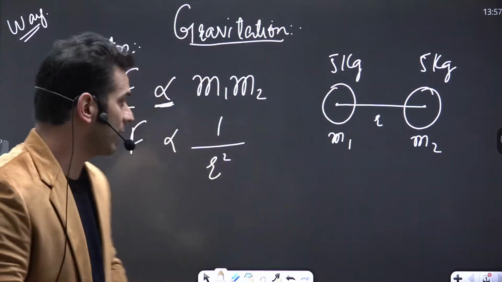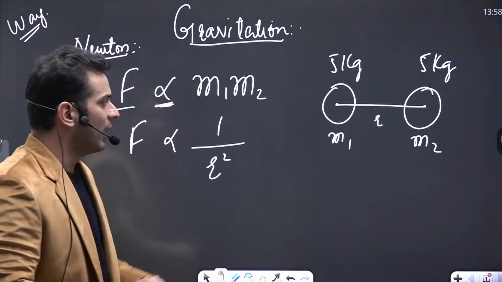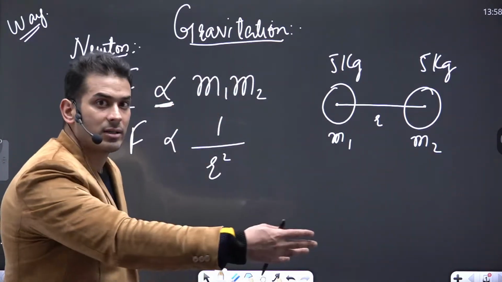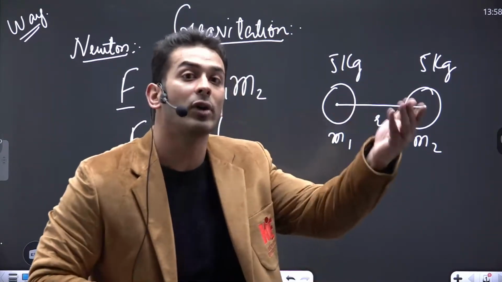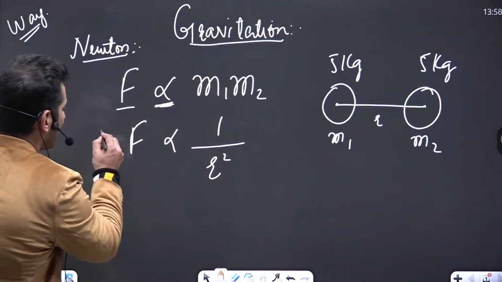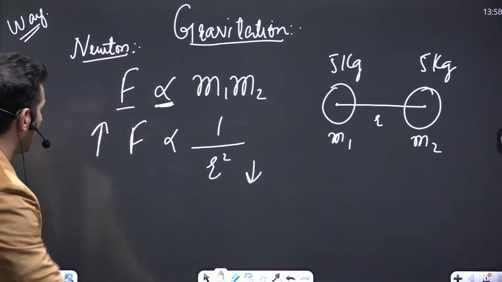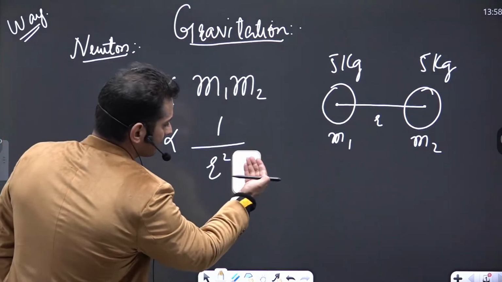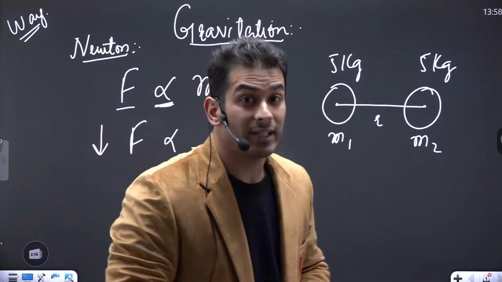Now, beta, it has been seen that whenever the distance is large, the force is less. Whenever the distance is less, the force is more. What does inverse proportionality mean, beta?